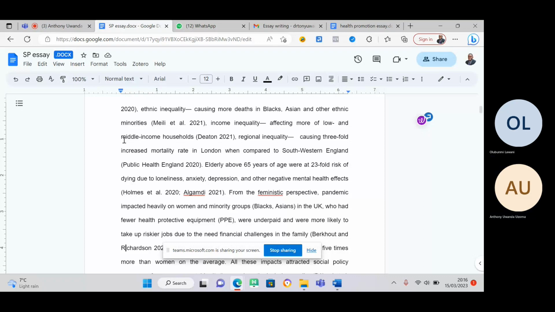Is it not? Yes. So if you're reading a textbook now, you need to get the principles. Read the principles. It's not a Google search that will tell you how to get the principles. You don't go to the internet and start typing principles of health. When they say get 5 principles, you're not going to type 5 principles of health promotion. You will get junk. The answers are in the textbooks.